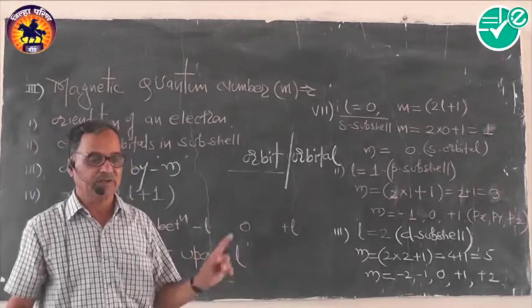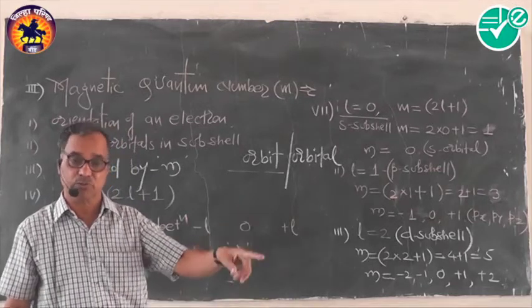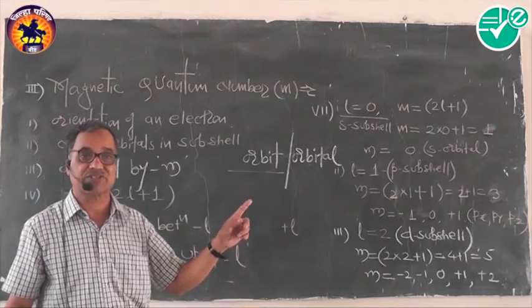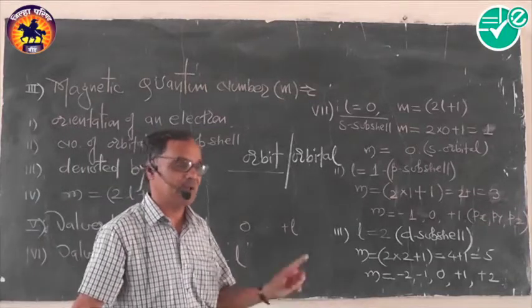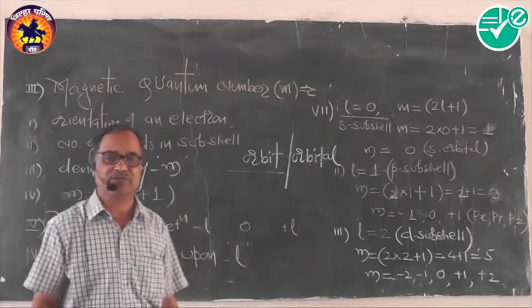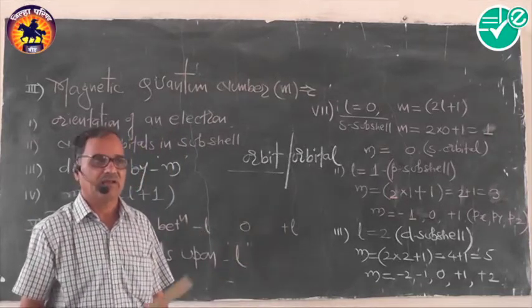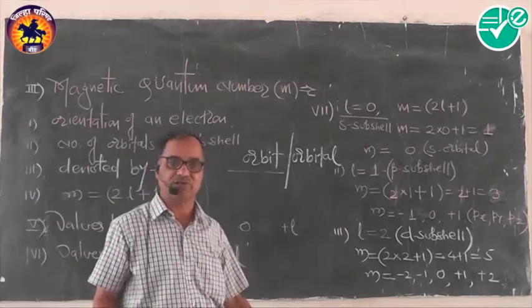So the s subshell has number of orbitals equal to 1 and number of electrons equal to 2. For the p subshell, number of orbitals is 3 and the maximum number of electrons is 6. In case of the d subshell, the number of orbitals is 5, and the maximum number of electrons is 5 multiplied by 2, that is 10.